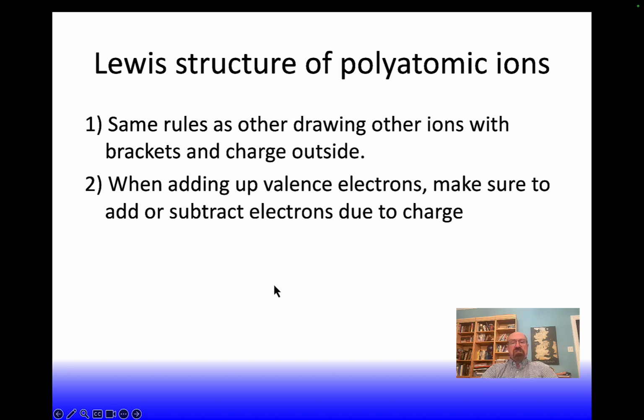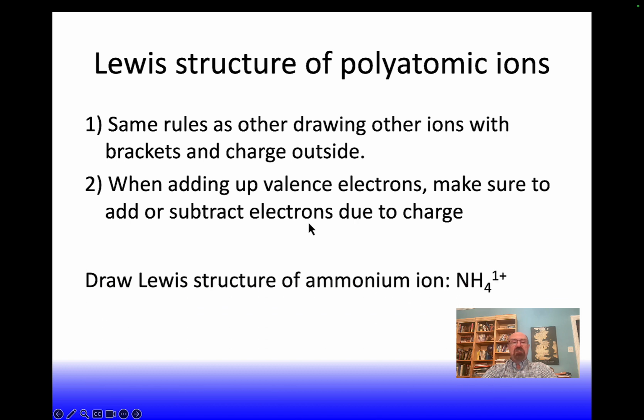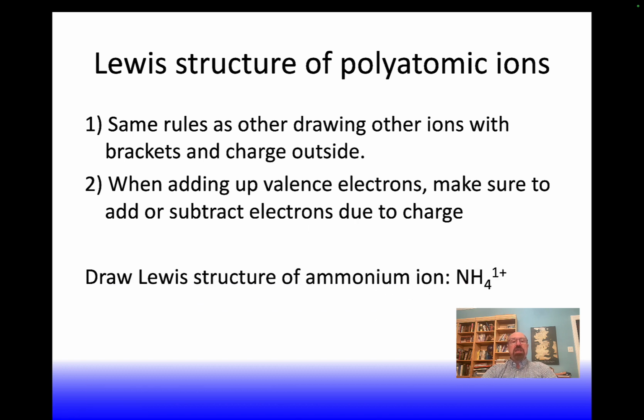In other words, it's just like drawing something without a charge, but then we're going to add the charge at the end. So we still have to add up our valence electrons, just like before, but because of the charge, we have to subtract electrons due to the positive charge, and we have to add electrons due to the negative charge. Here's an example with a positive charge.